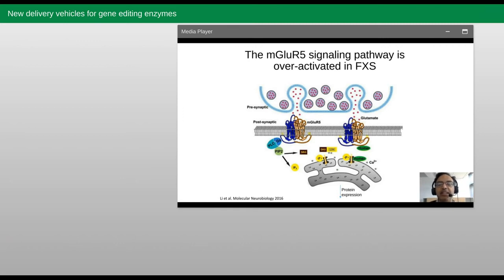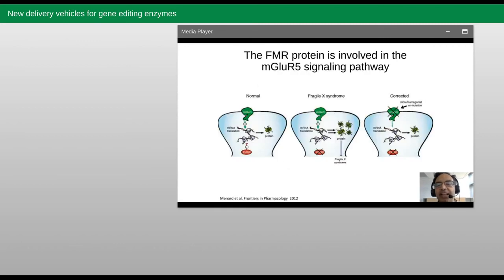So on the next slide, the interrelation between mGluR5 signaling and the FMR1 protein is discussed. In normal healthy people, when mGluR5 gets activated, a lot of new messenger RNA gets produced, and the FMR1 protein will then bind those messenger RNAs and prevent them from getting translated.